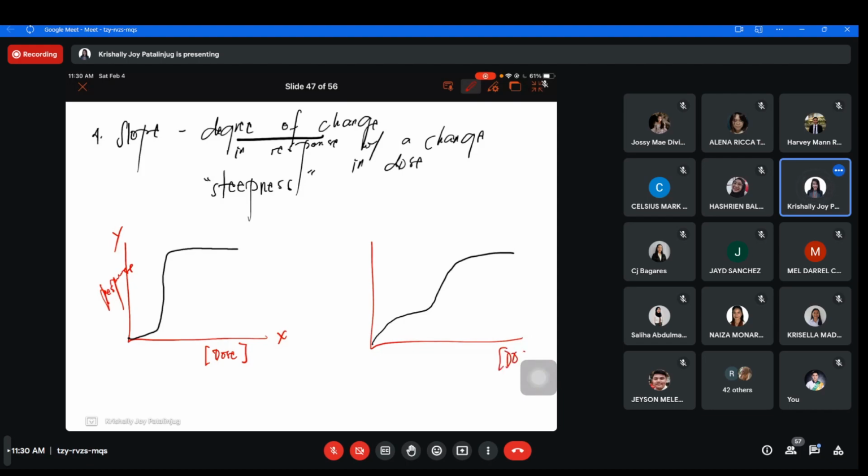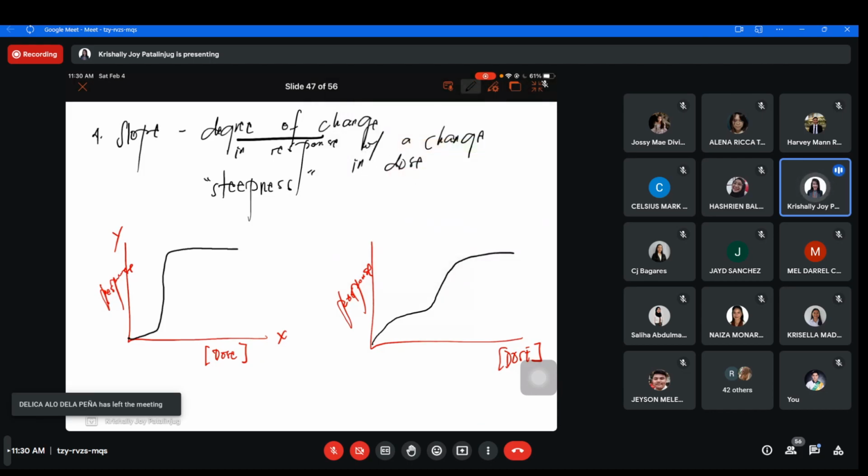So these are 2 different dose response curves.